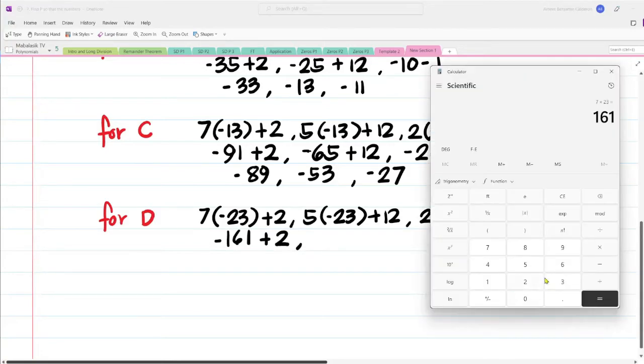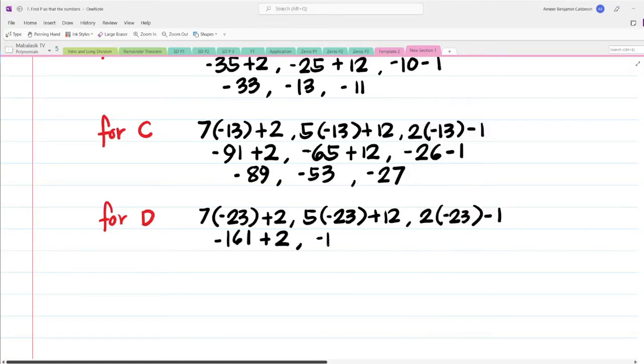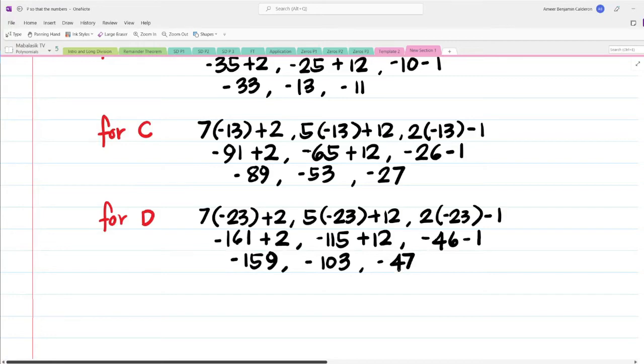So 5 times 23, that's 115. So negative 115 plus 12. And then we have here negative 46 minus 1. So this is negative 159. This is negative 103 and negative 47.